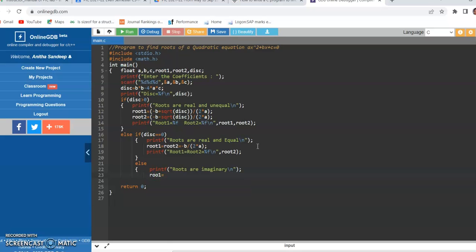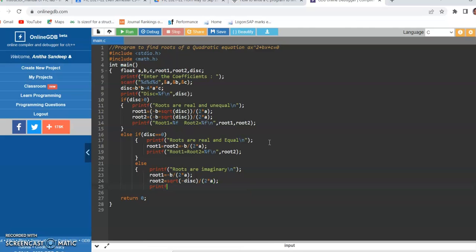Root 1 equals to minus b divided by 2 into a, and the imaginary part root 2 will be equal to square root of minus discriminant divided by 2 into a.